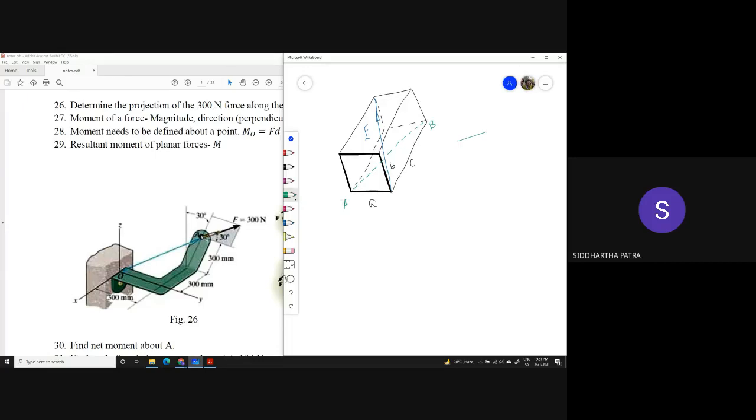So when I took this force F right here, in the figure that is there, when you determined the x component of it, did you actually get the angle with the x-axis?